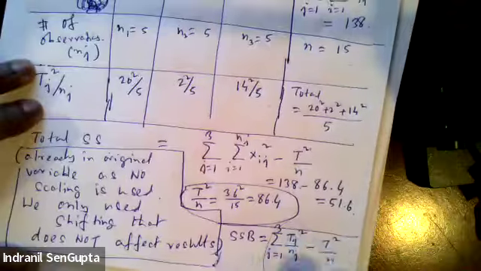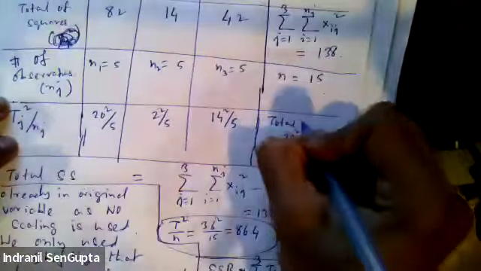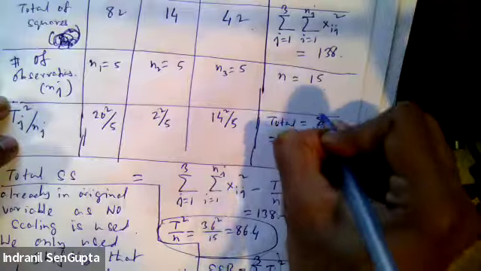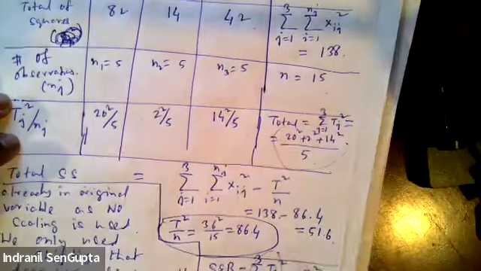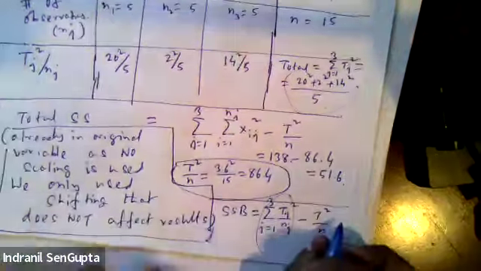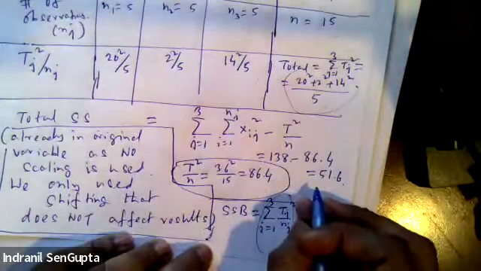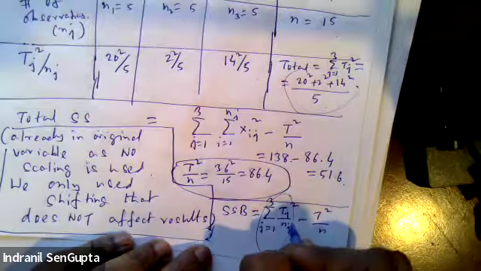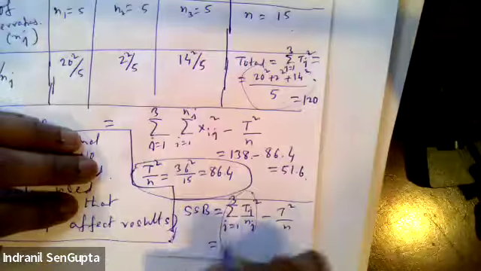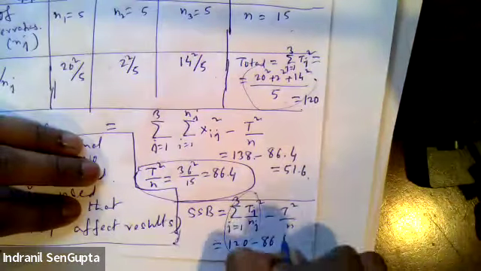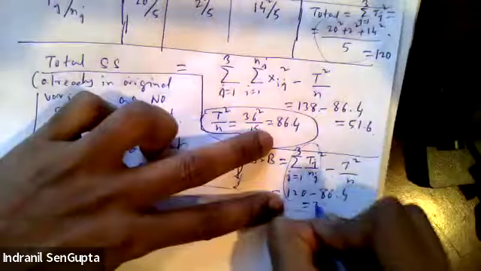This number is also computed right here, the summation over j from 1 to 3 of Tj squared over nj. I'll not show the computation; it's very easy. It's 120 minus 86.4, which is 33.6.